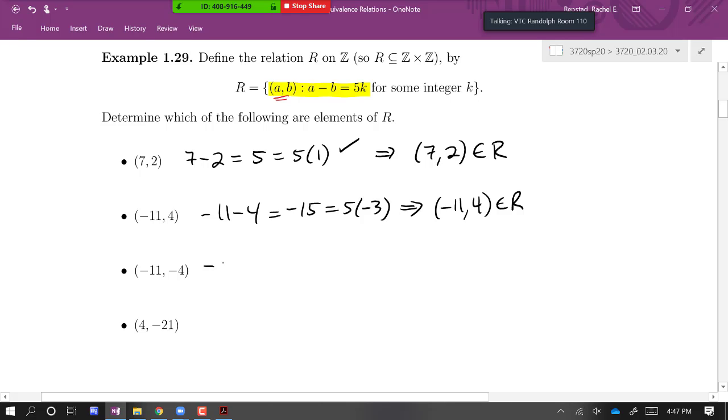Negative 11 minus negative 4, so we're going to add 4. That gives us negative 7. That is not a multiple of 5, so negative 11 is not related to negative 4.